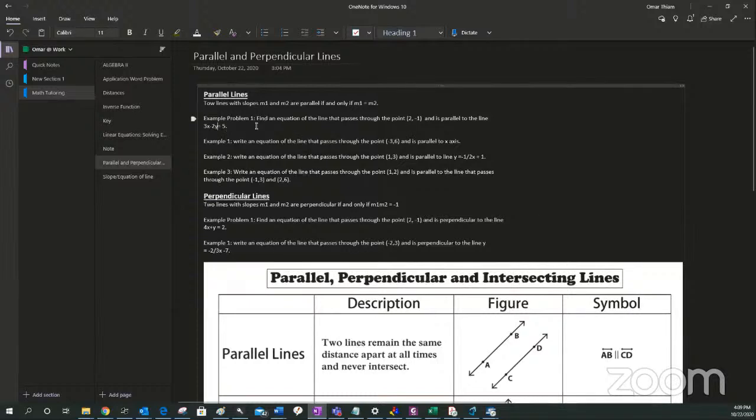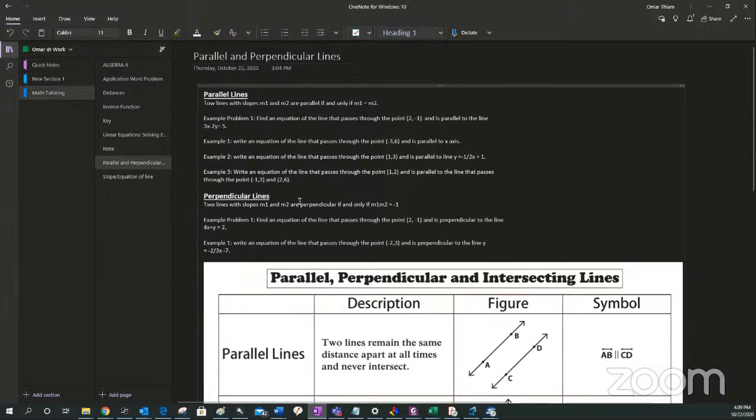That's the example problem we're going to look into. After I go through this one, I will try examples 1, 2, and 3 for parallel, then we move on to perpendicular examples as well.